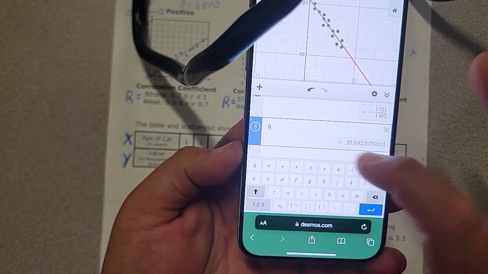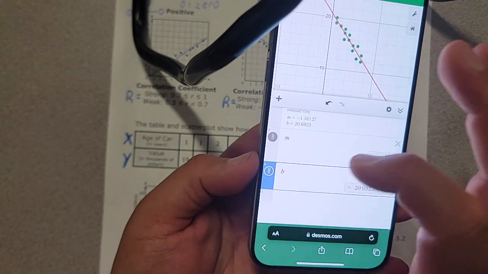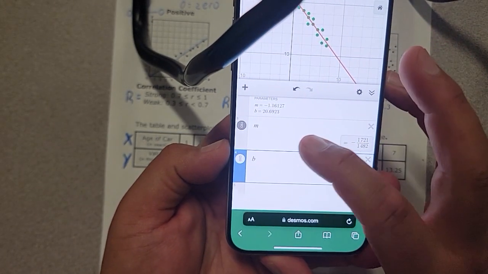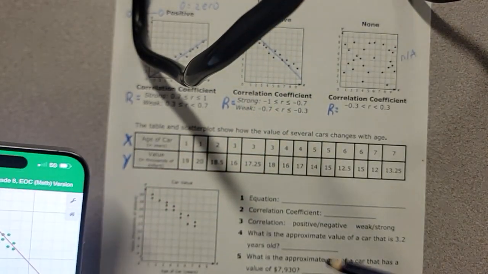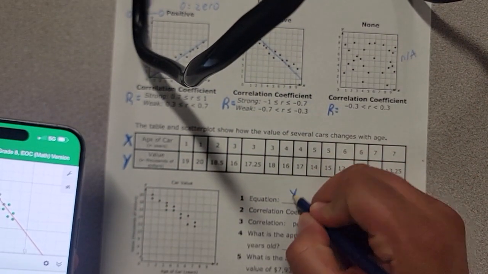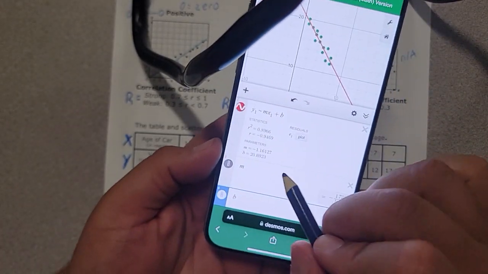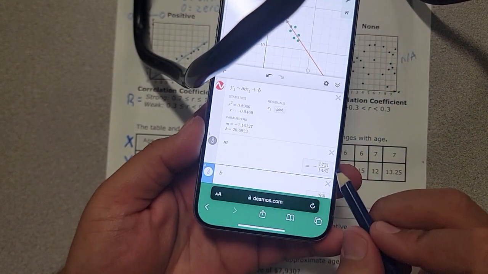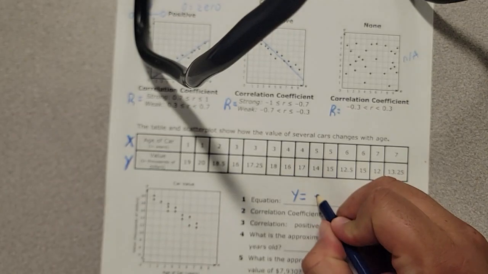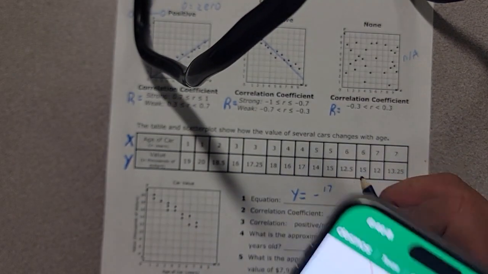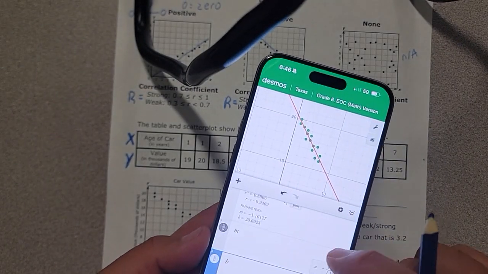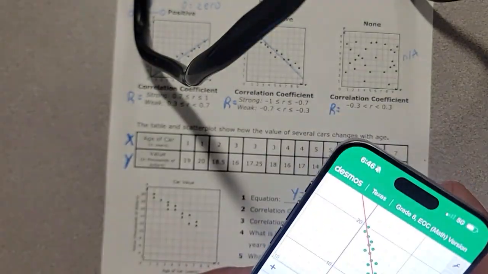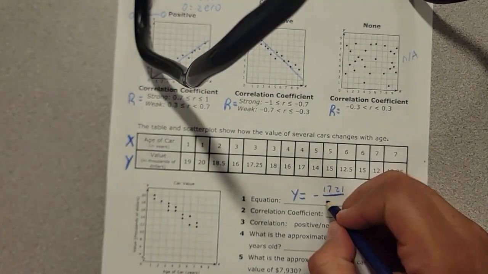Next one, let's do the b. So same thing with the b, guys. Make it a fraction. So the way I'm going to write this down is y equals, so copy it on your paper. The m number is this negative fraction right here, so put a negative 17,001 divided by 1482.